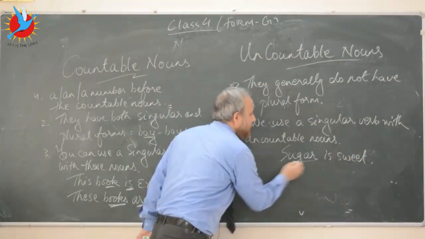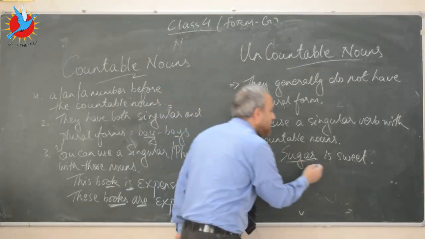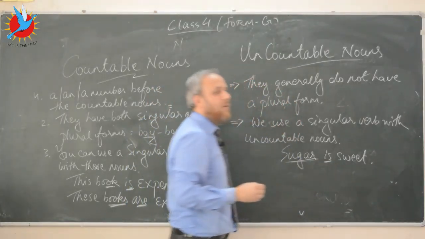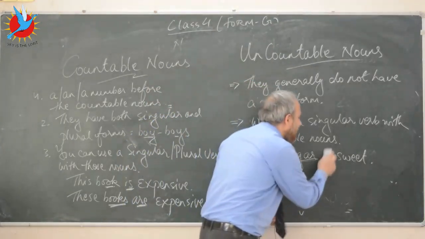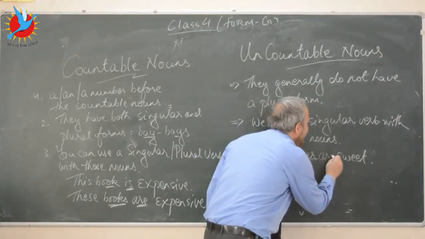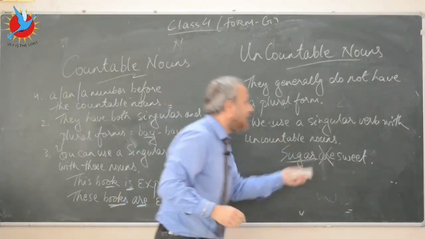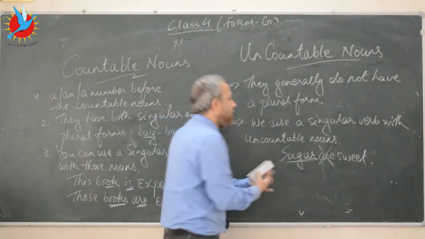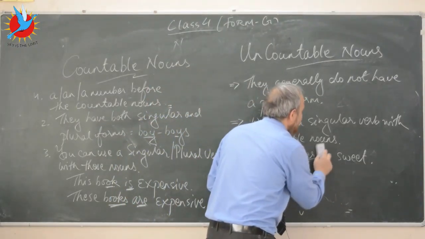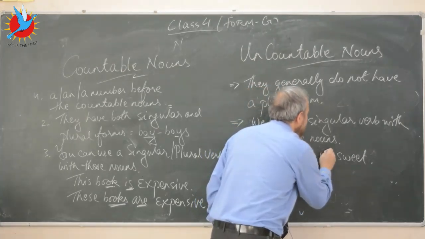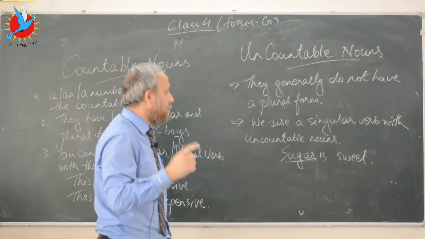Sugar is an uncountable noun, and with this uncountable noun, I've used the singular form of the verb. Here I can't say sugar are sweet. This is incorrect. This sentence is wrong. I have to say sugar is sweet. So do remember this point.